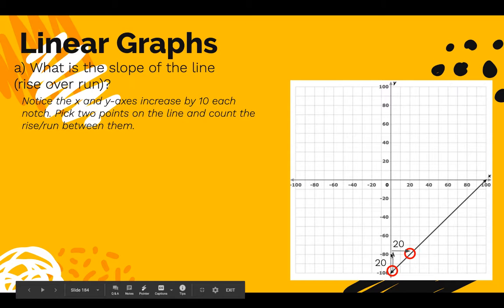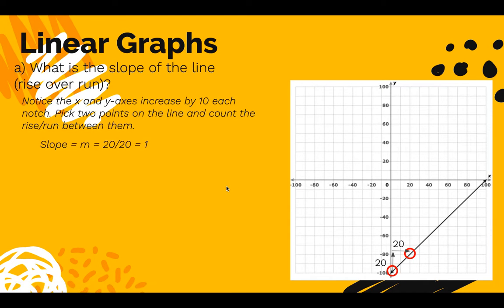To go from 0 on the x-axis to 20 on the x-axis, that is a horizontal change of 20 units. So the rise and the run are the same in this example. So the slope would be 20 over 20, the rise over the run, which simplifies to 1, so a slope of 1.